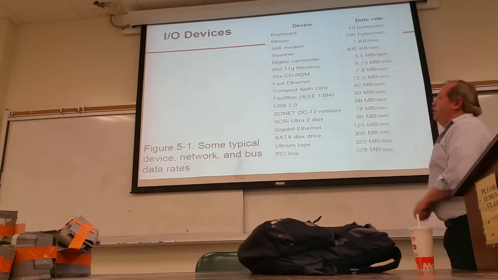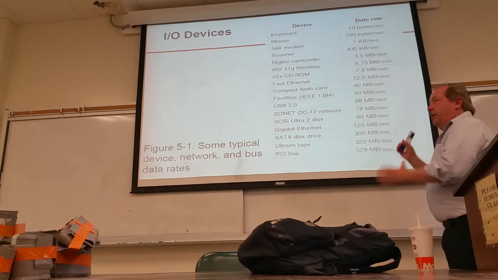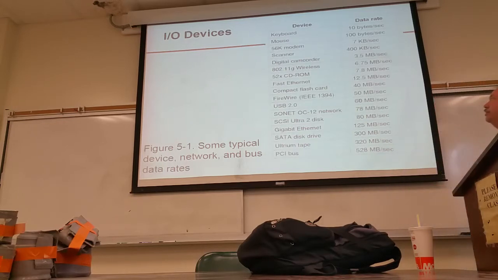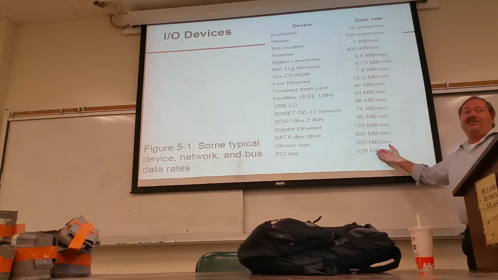All right? The other way that we need to look at our I/O devices, again to help us understand the requirements, is to look at their performance. Obviously a keyboard, and I don't think my data rate is quite that fast, but some nominal value for a keyboard could be 10 bytes per second. All the way up to things like a bus, which is transferring notionally 528 megabytes a second.